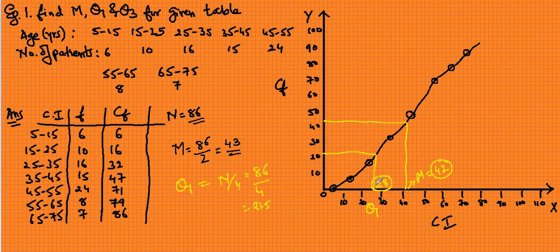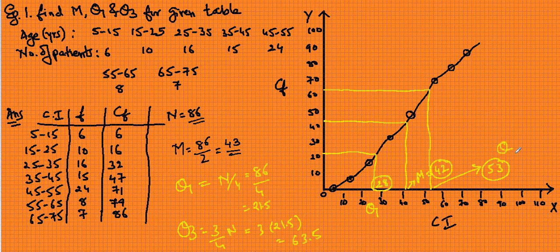Then the next one, Q3, is equal to 3 upon 4 of n, that is 3 multiplied by 21.5, which is going to be 63.5. 63.5 comes here, and if I bring it down, somewhere around 53.